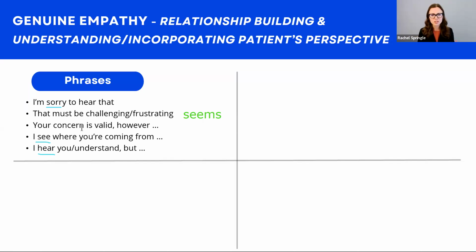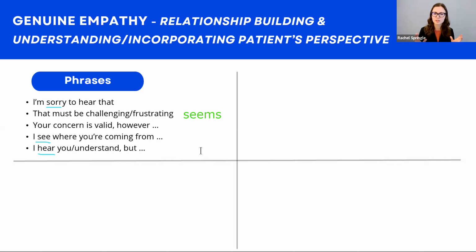With that sort of situation, you want to address the concern and then respond appropriately. So acknowledge that it is a concern. Your concern is valid, or I understand as a parent, that's a natural concern. And then respond to it. What is the direction or what is the advice in response? However, or I hear you, I understand, but, or I see where you're coming from. Let's talk more about that.